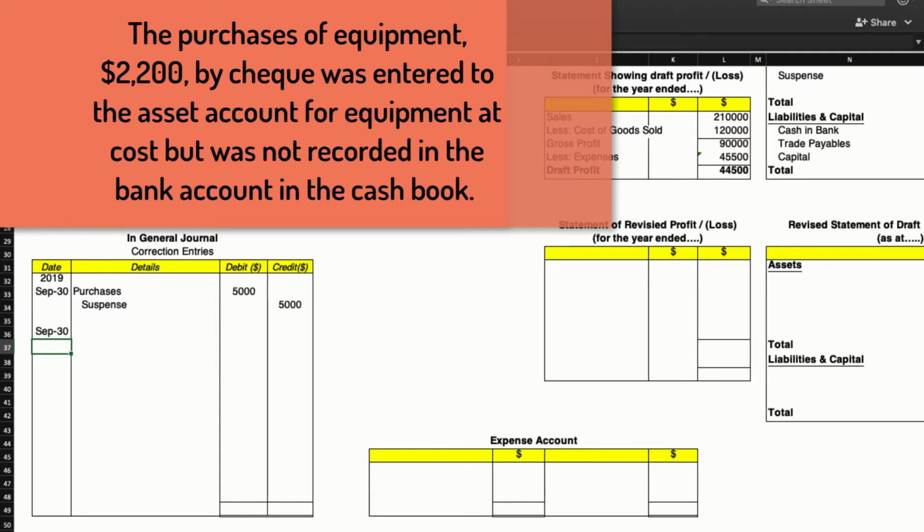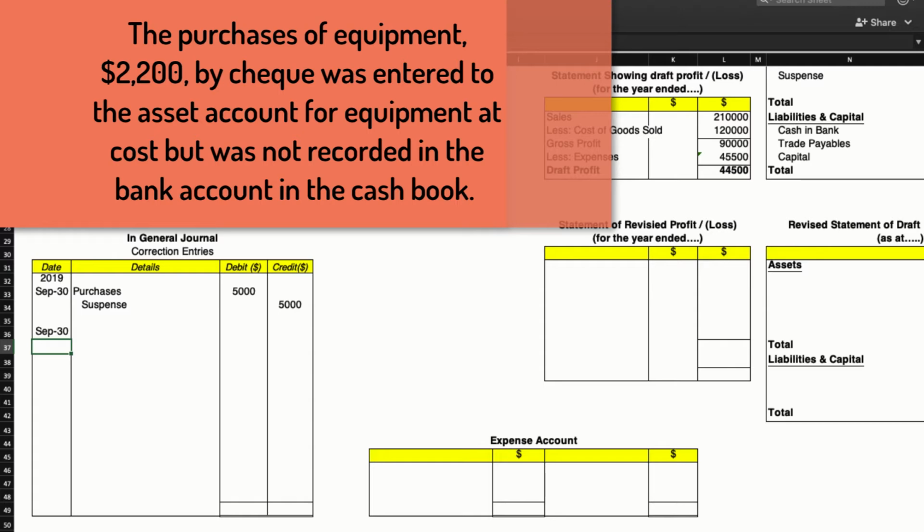$2,200 by check. We bought an equipment and paid by check. $2,200 was entered to the asset account for equipment at cost but was not recorded in the bank account in the cash book. So it means we purchased the equipment, we paid by check and the transaction was properly recorded in the equipment account, but we forgot to record it in the bank account in the cash book.